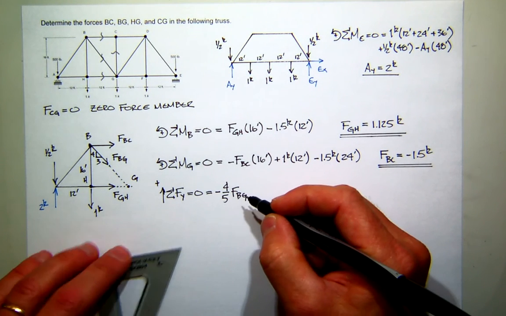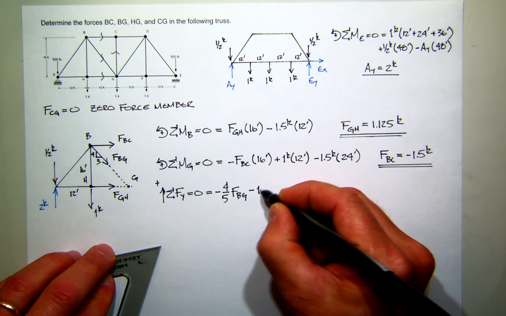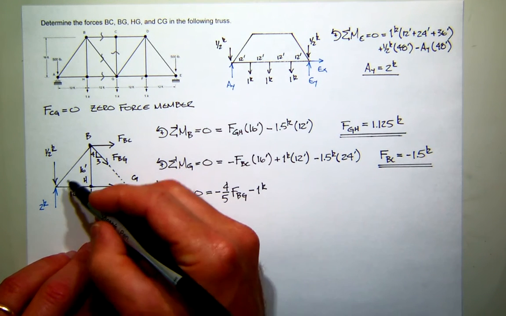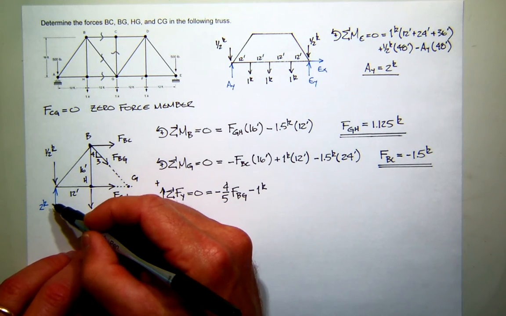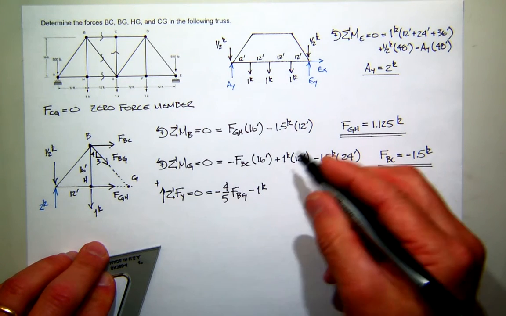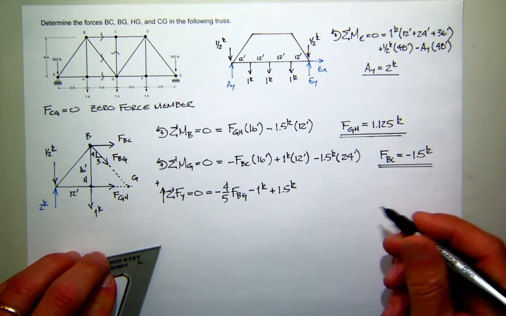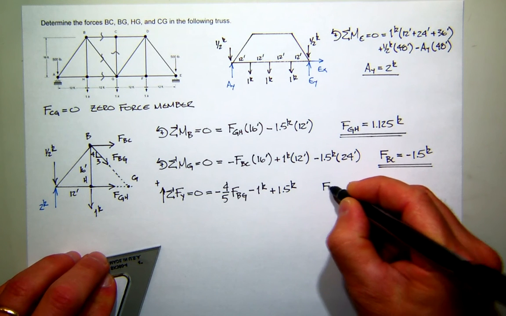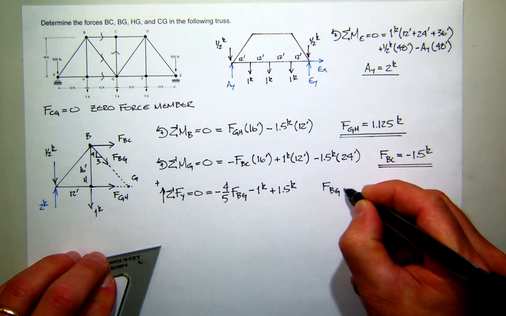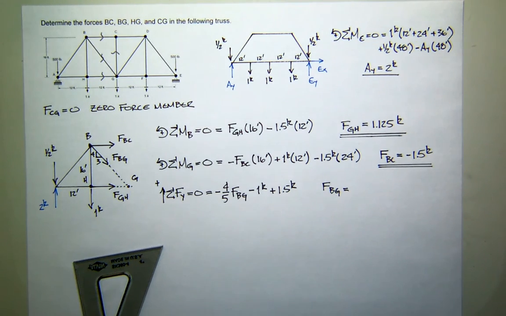What else is acting down? I've got a 1 kip force acting down there at H. And then this is a composite 1.5 acting up. So that tells me I can calculate BG as, it looks like it's a positive number.